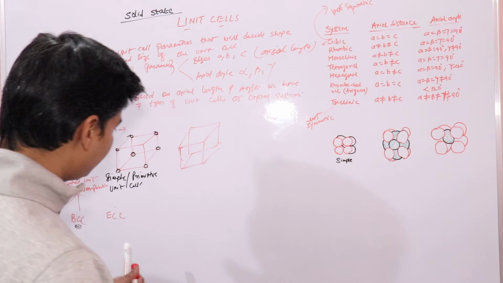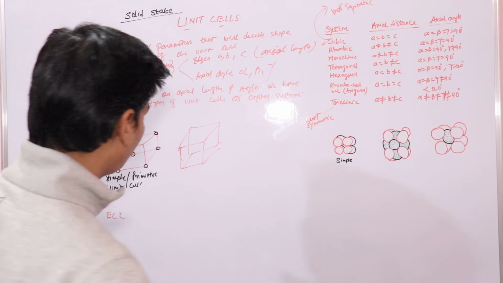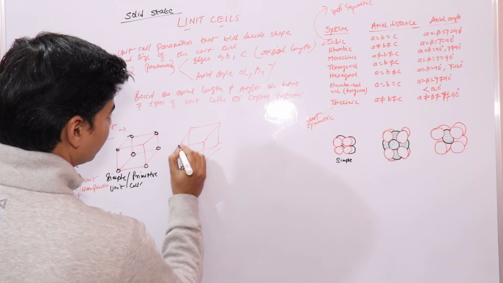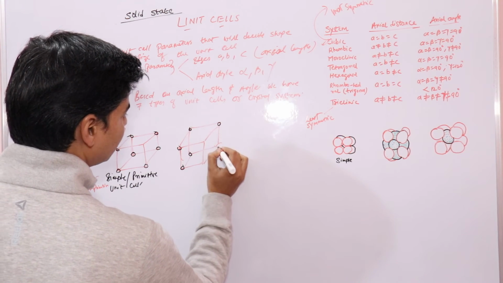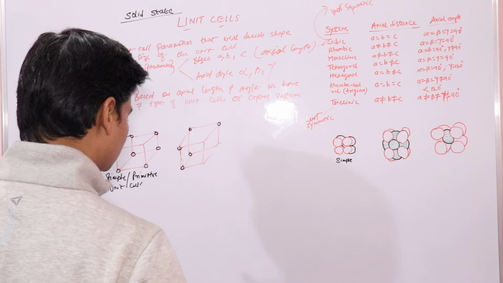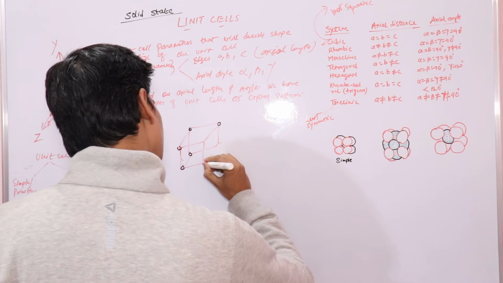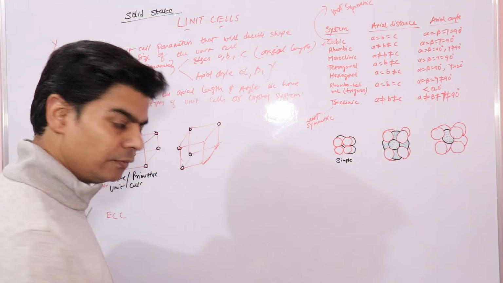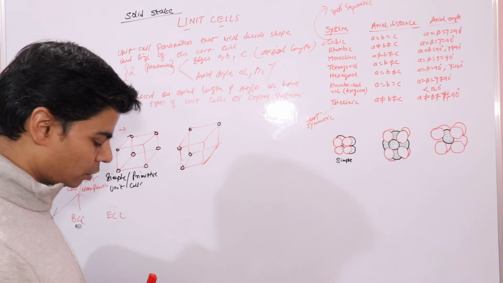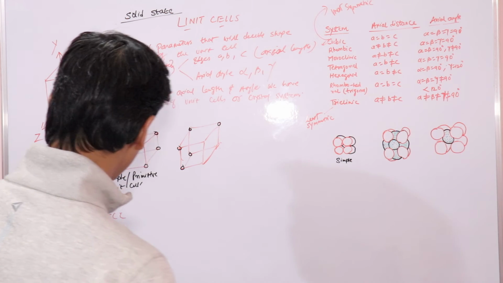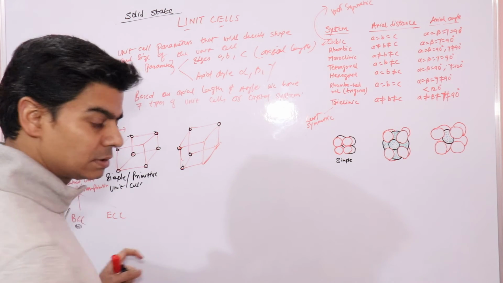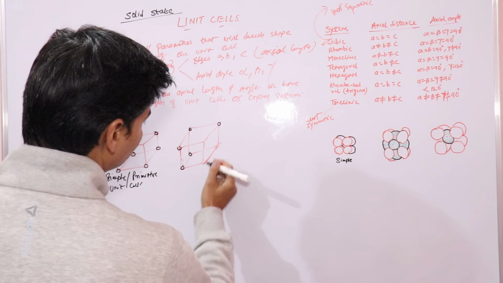We said in addition to particles at the corner, we have particles at other locations also, right? Now let's see what are these other locations. Based on the other locations, we have 3 types of centered or non-primitive unit cells: FCC, BCC and ECC. Now let's see how FCC, face centered, looks like.